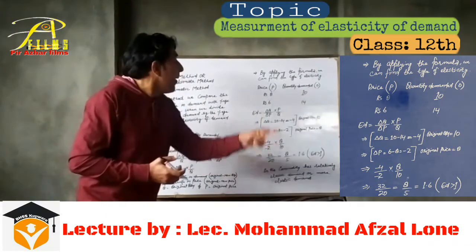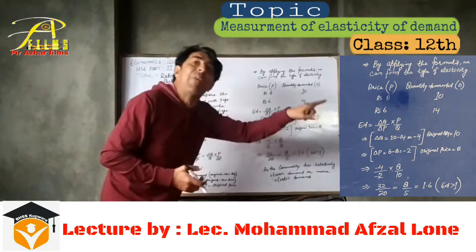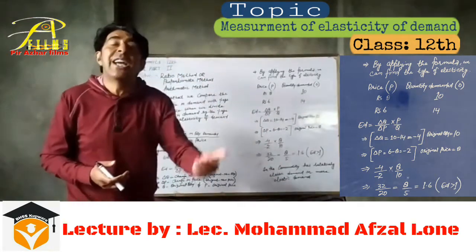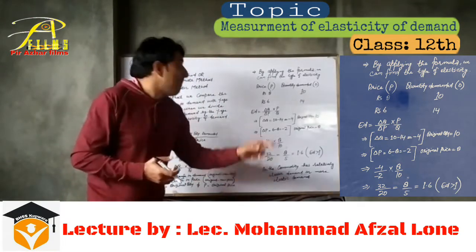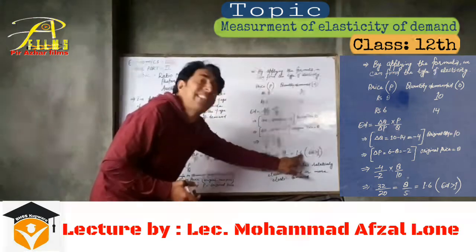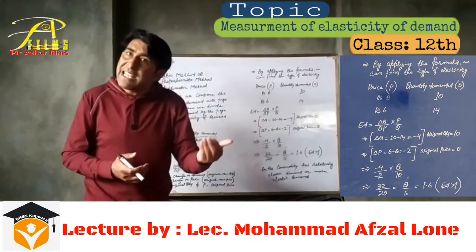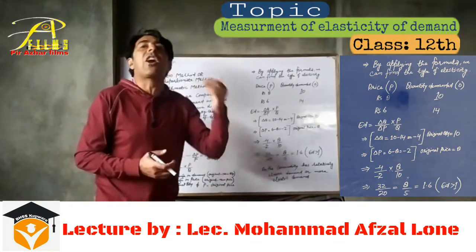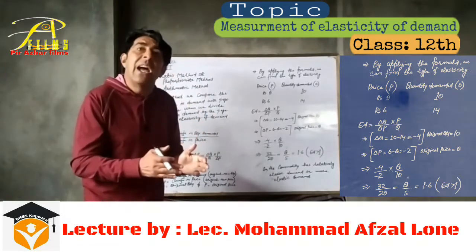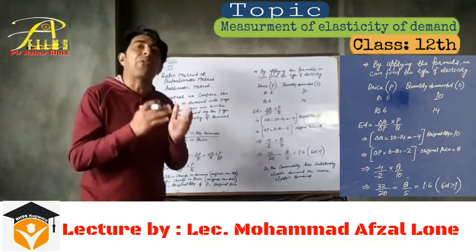And remember, if the coefficient becomes less than 1, then it would have been relatively inelastic, less elastic. But here ED is greater than 1, 1.6, so it is relatively elastic, more elastic, or highly elastic. This is how we measure elasticity of demand by Flux's proportionate method.